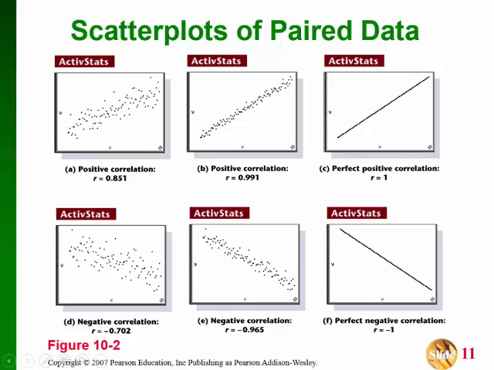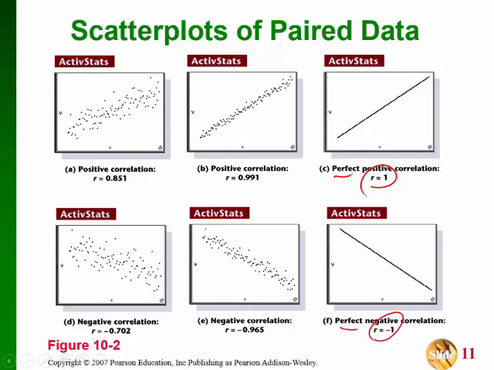So here are some more examples of scatter plots where there are a lot of points, and usually that's what we're looking at, a whole bunch of points. And in these examples over here, they give their R values, the correlation coefficient. If every single point in your data set falls onto one straight line, then that is a perfect correlation.